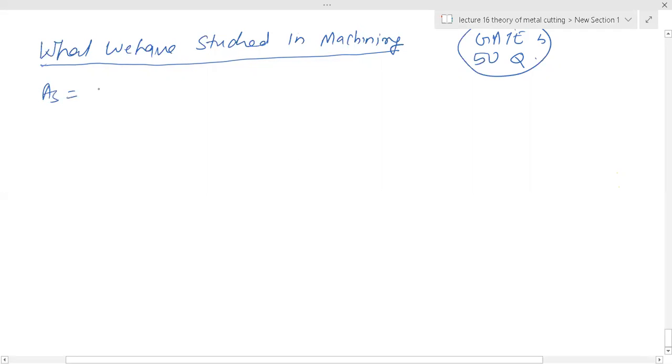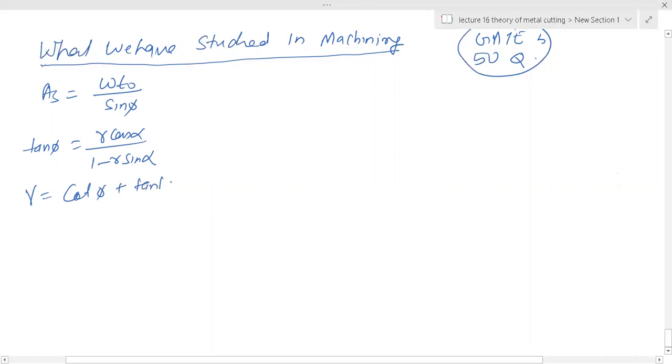Shear area, what was the shear area? It was W T0 divided by sin phi. Am I right? Then we estimated tan phi is equal to, correct me if I am wrong, because I am teaching after 5 years, gamma cot phi plus tan phi minus alpha.